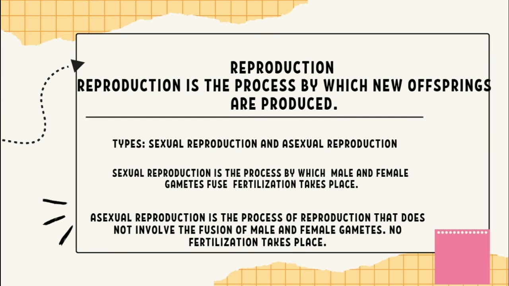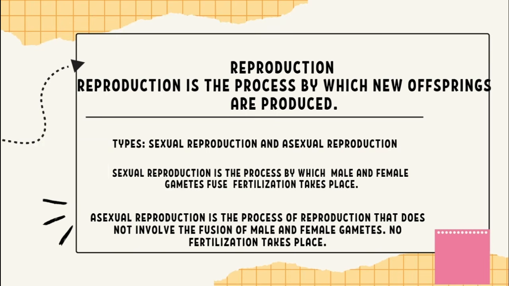One example of an organism that can reproduce asexually is plants. Plants don't need 2 separate genders or any gametes to fuse in order to have offspring, in order to have new plants being produced.